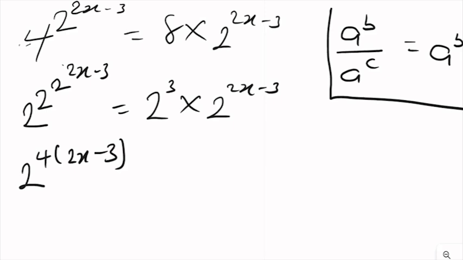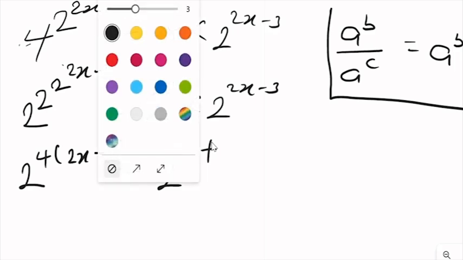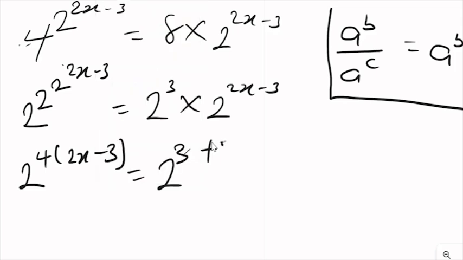So then this will now be equal to 2, and of course, according to the law of indices, when you are multiplying two terms that have the same base, all you just have to do is add up their powers. So this will become 3 plus 2x minus 3. So this will cancel out this.